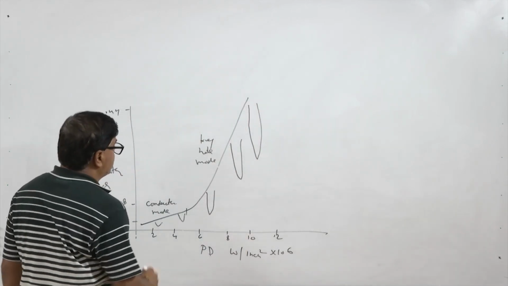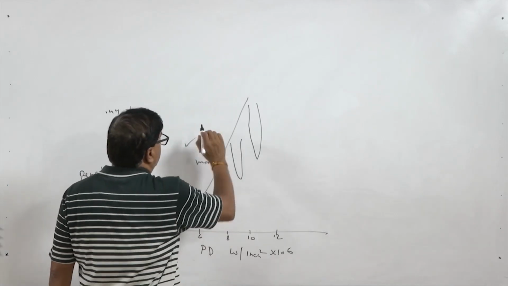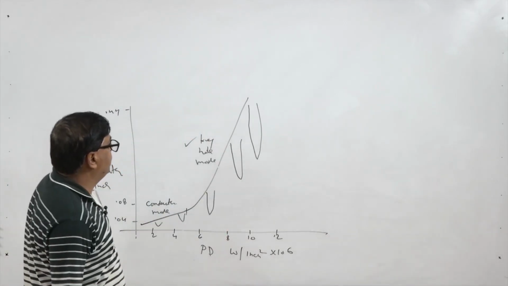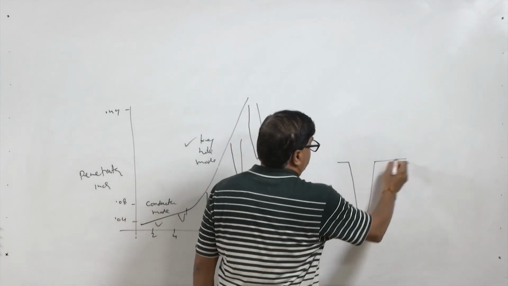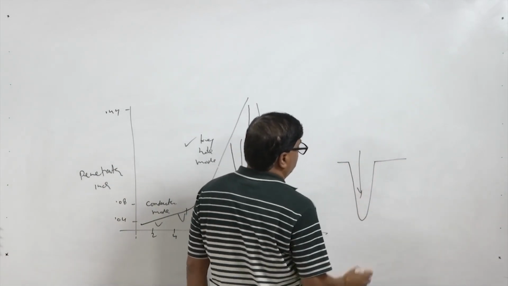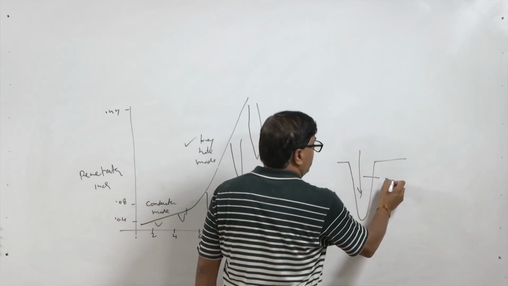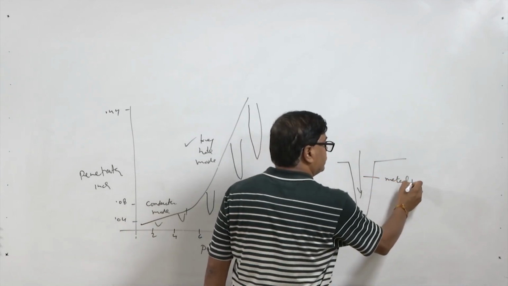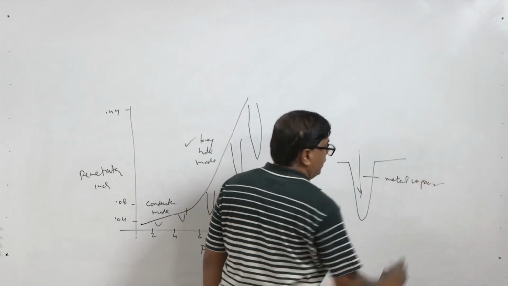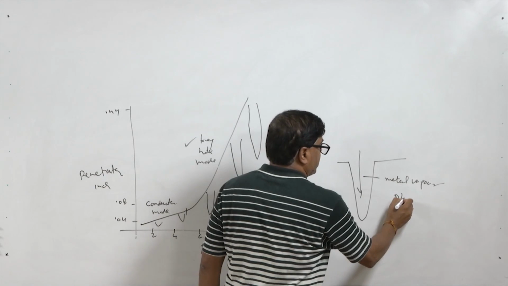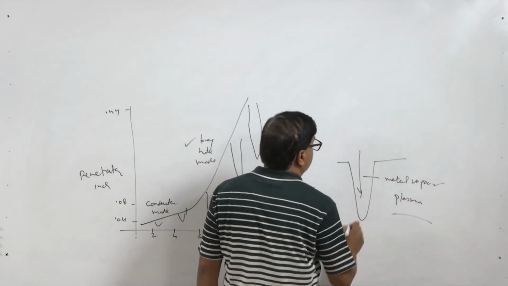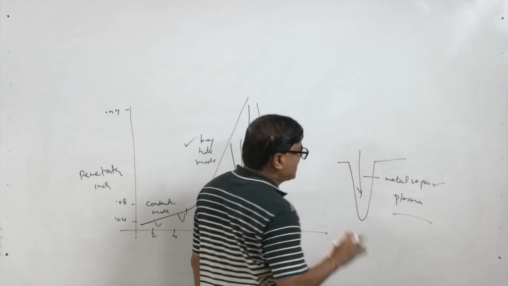So, this is what is obtained in the keyhole approach, but it imposes certain problems, like high energy density results in the evaporation of the metal, and the metal vapors ionize, and ionization of the metal vapors forms plasma, and this plasma absorbs the laser.